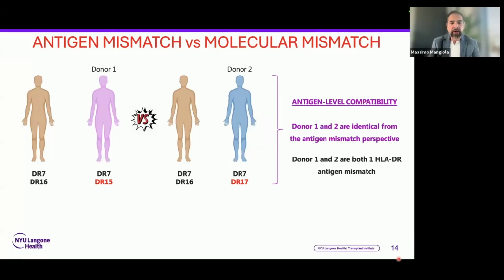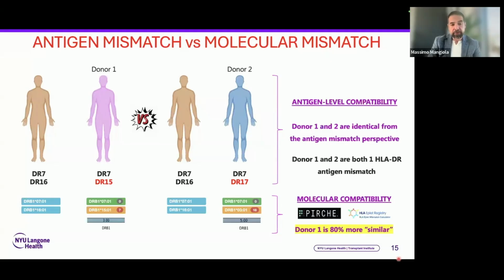They're all one DR mismatch to the donor. So in the past, what we have done is to pick one of them at random. But it's very easy for me to prove that actually donor 1 is 80% more similar to the patient than donor 2 is. And because those similarities are what prevent the rejection, probably this patient should have been transplanted with donor 1, given the possibility, of course.